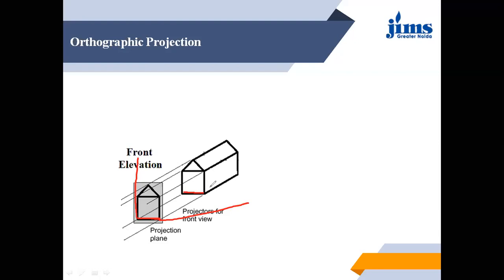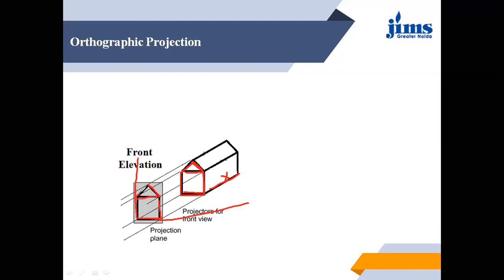This is the reason that we cannot see the depth of this. So the image only has this part, and this length is equal to this length, and this length is equal to this length.